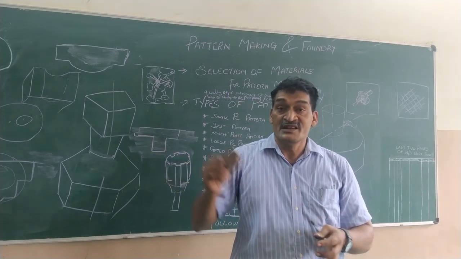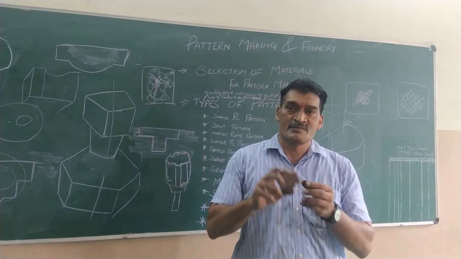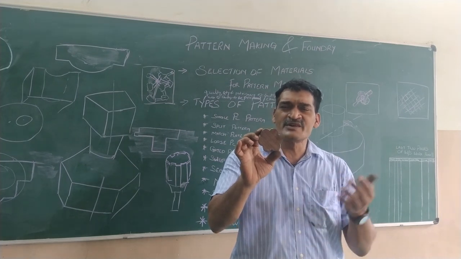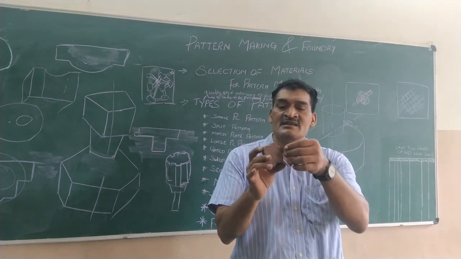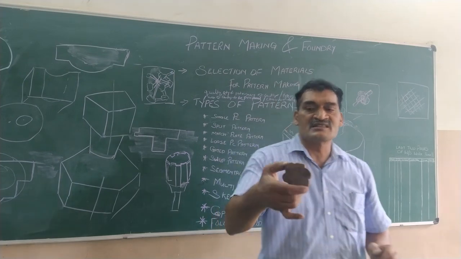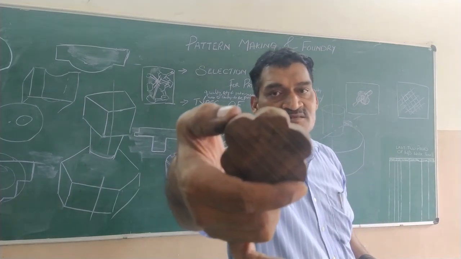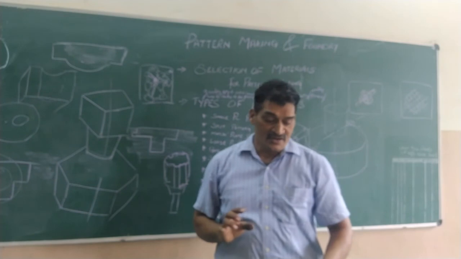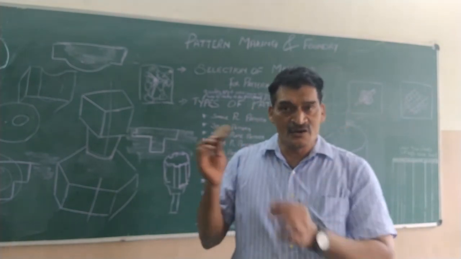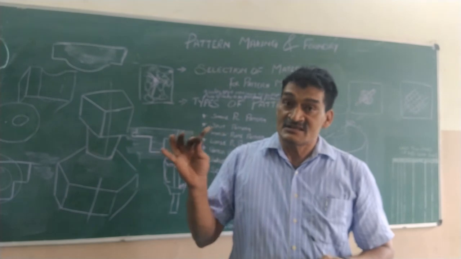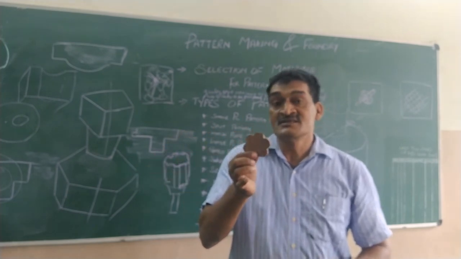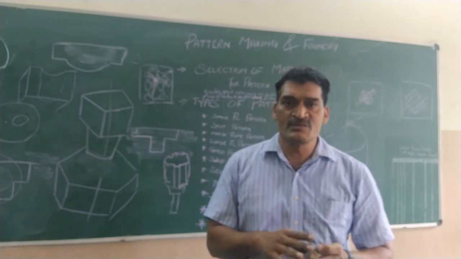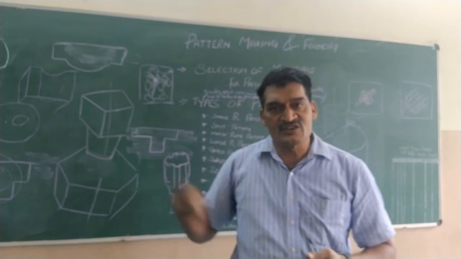So like this, if you want to continuously make molds, you can make it of wood, but after a certain period of time, even this wood deteriorates and the edges break off like this. So, in order to have a good casting, and for the material of the pattern to be durable, we can make it of metals like brass, aluminium, steel, which will last longer.